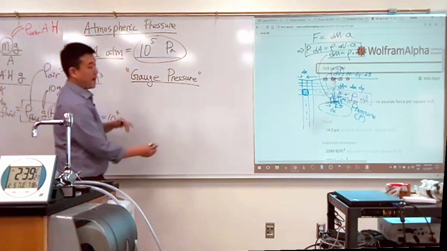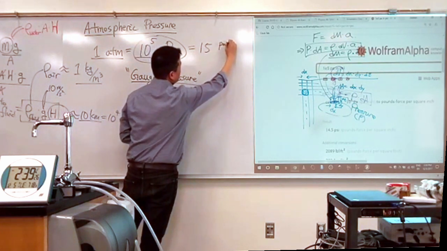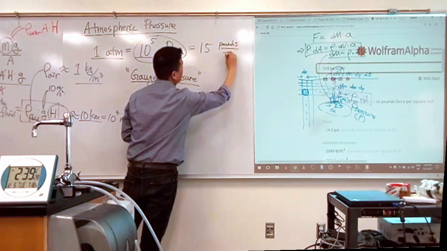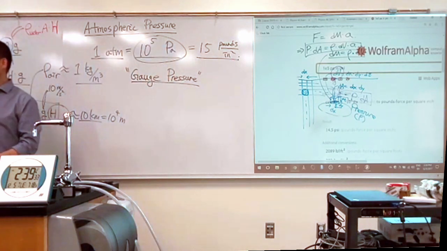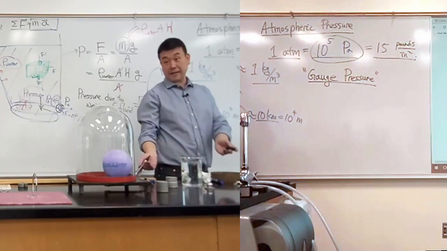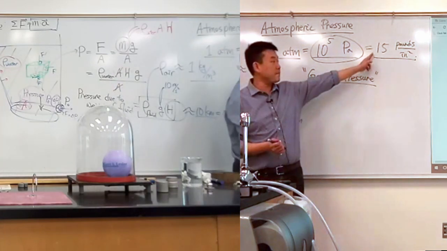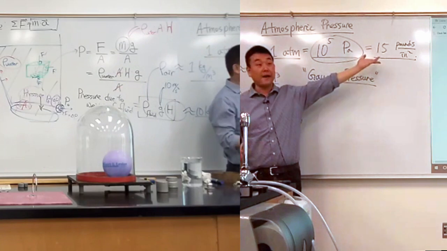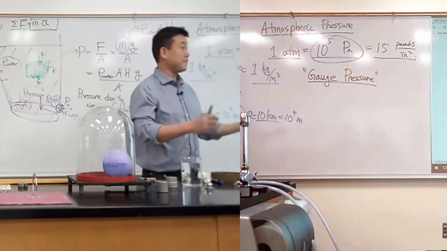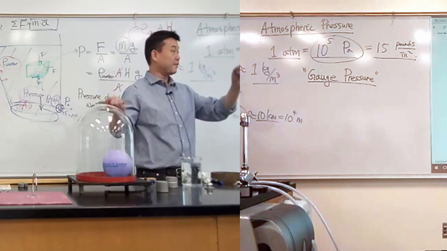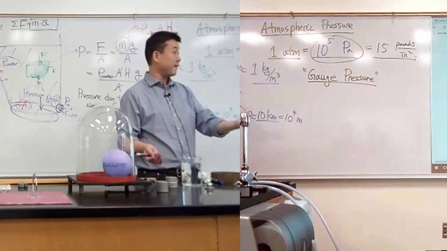So this is about 15 PSI, pounds per square inch. And if I said that your car tire has a pressure of 15 pounds per square inch right now, I'm essentially telling you that your tire is not inflated at all, because if you simply leave an opening, the pressure will equalize with outside, and it'll just naturally have 15 psi.